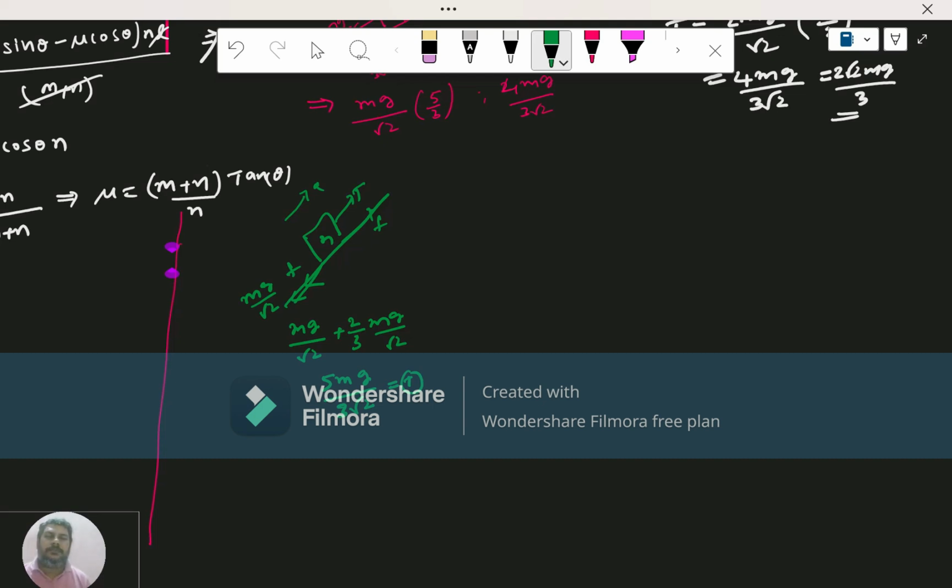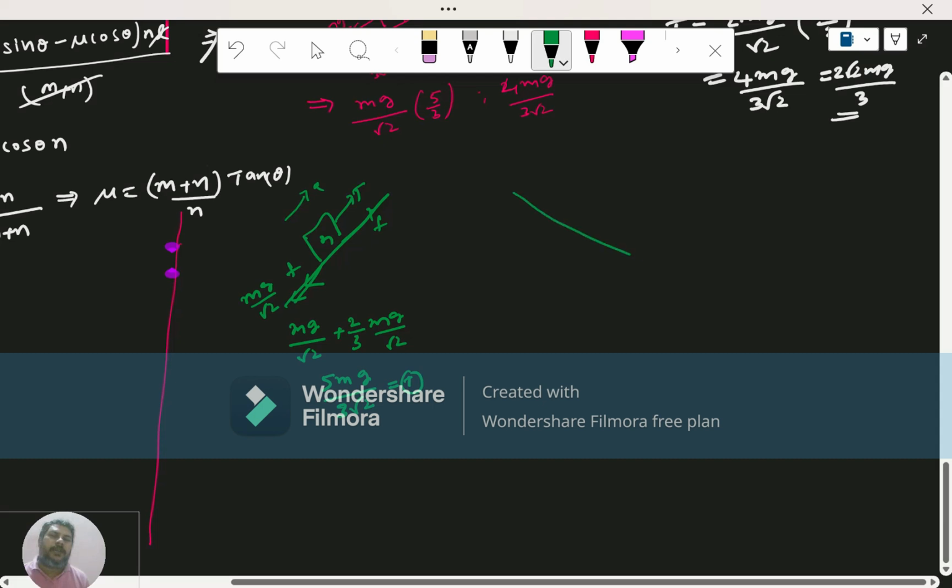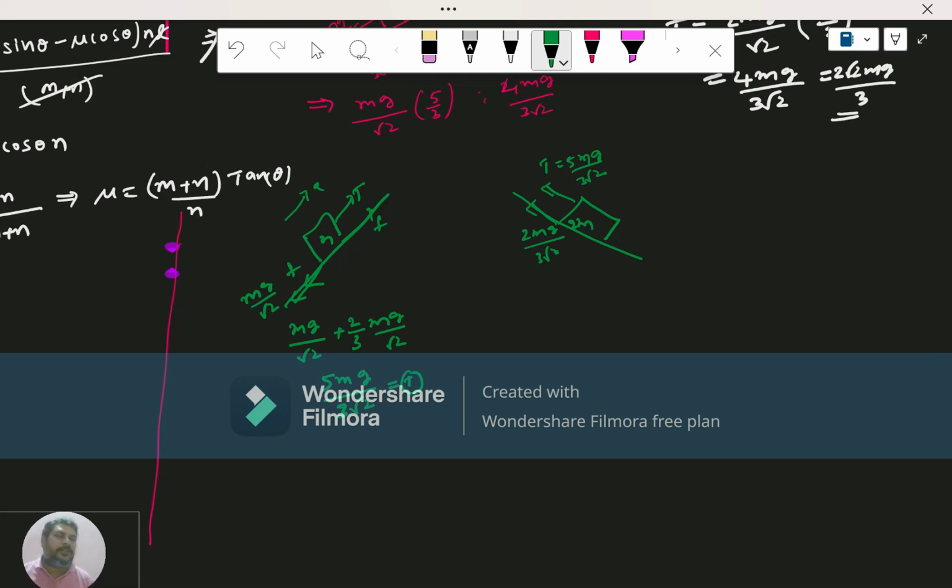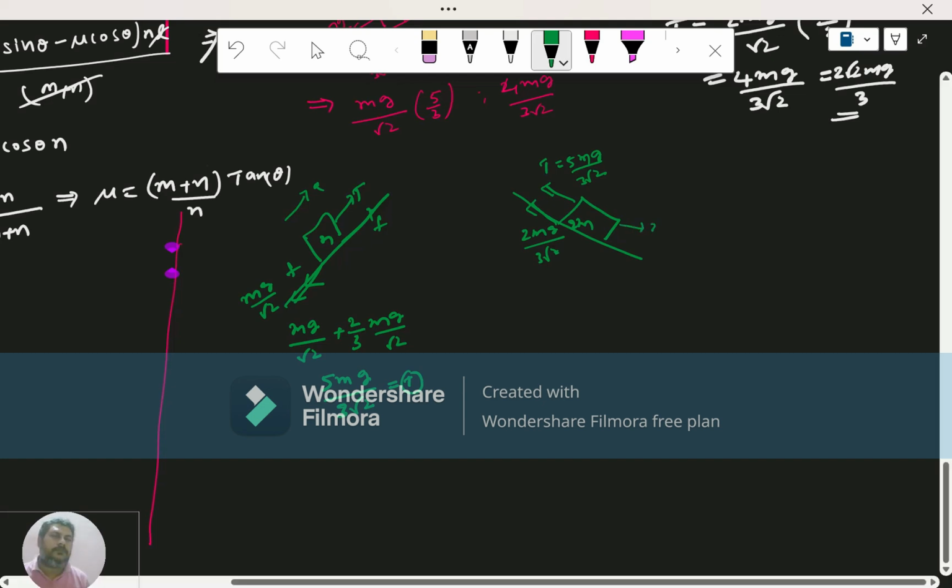Right. So now coming to the second block, mass 2m. Now tension here is 5 mg by 3 root 2 and friction is equal to 2 mg by 3 root 2. The total will become 7 mg by 3 root 2, but downward only 2 mg by root 2.